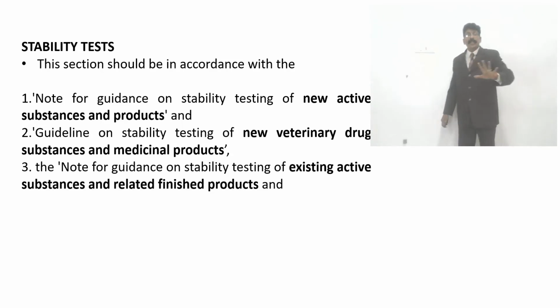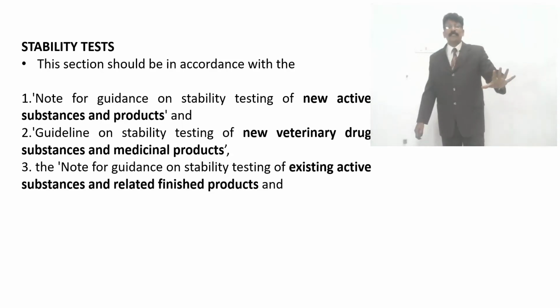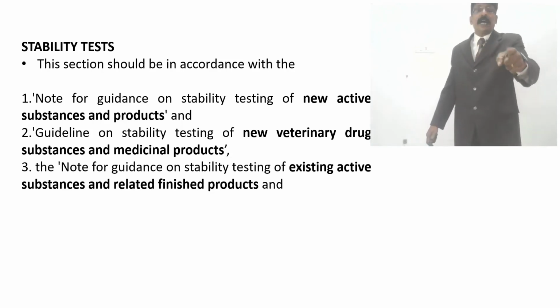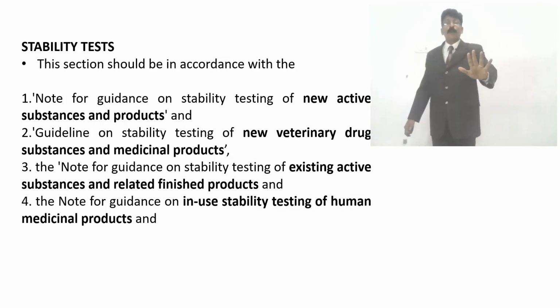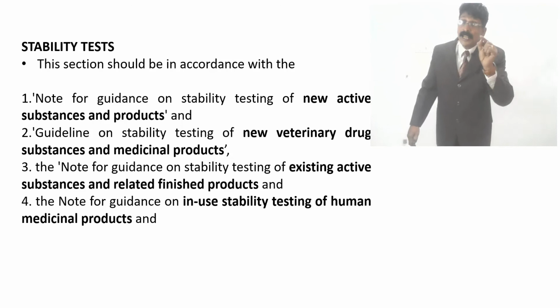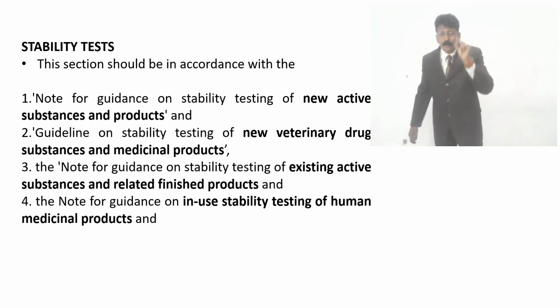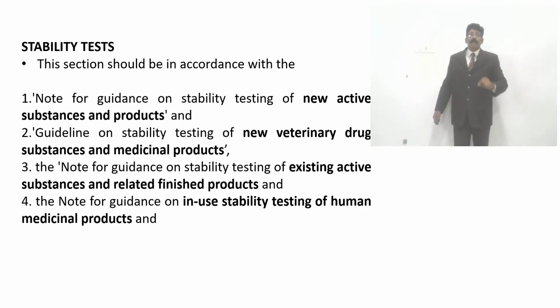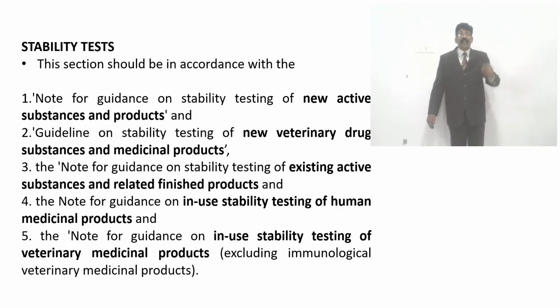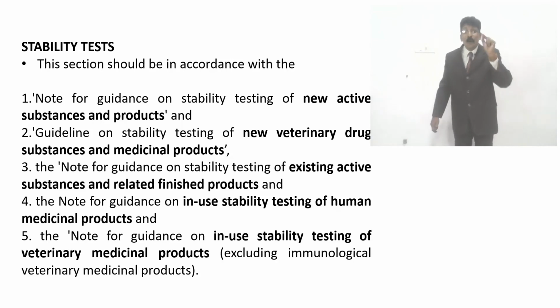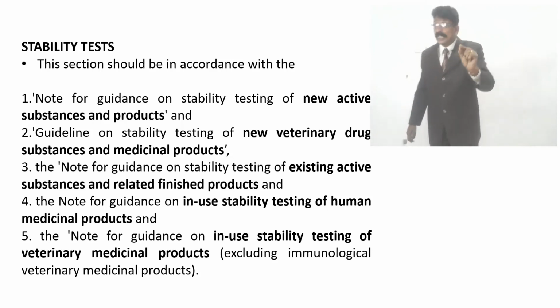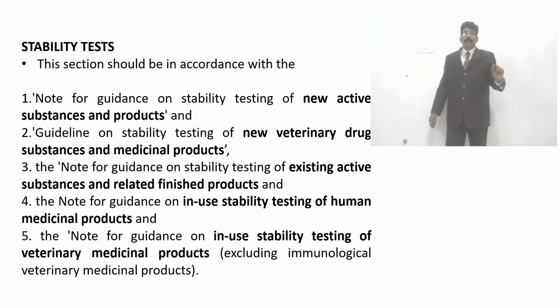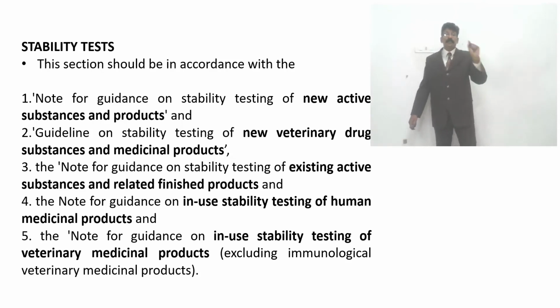Number 3, note for guidance on stability testing of existing active substances and related finished products. Number 4, note for guidance on in-use stability testing of human medicinal products. And number 5, note for guidance on in-use stability testing of veterinary medicinal products, excluding immunological veterinary medicinal products.